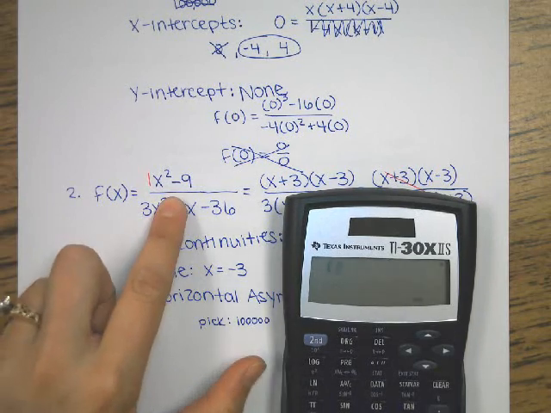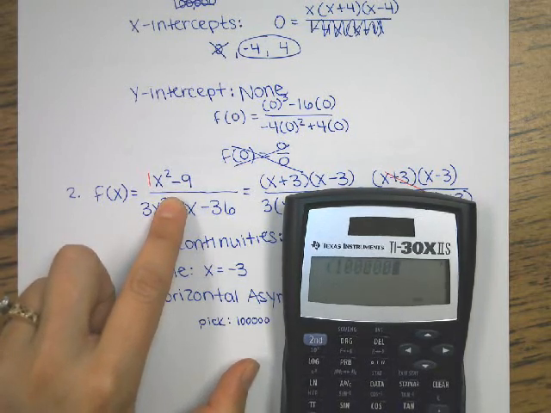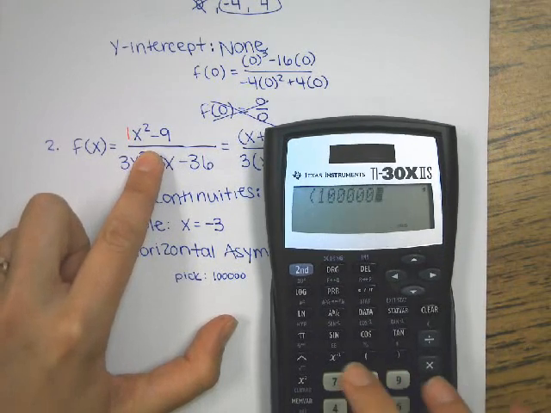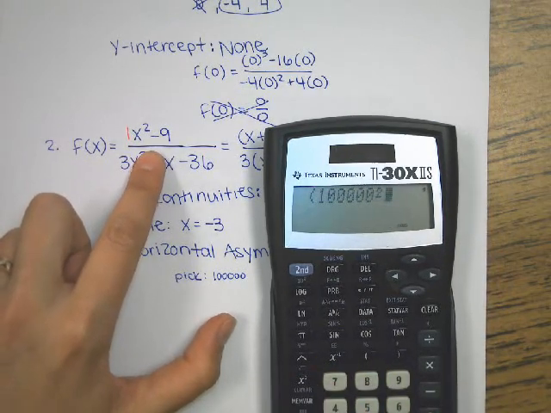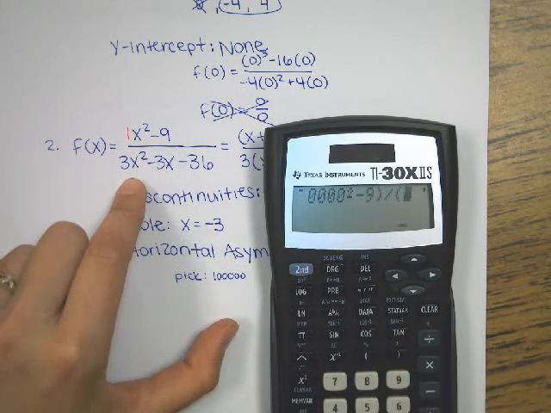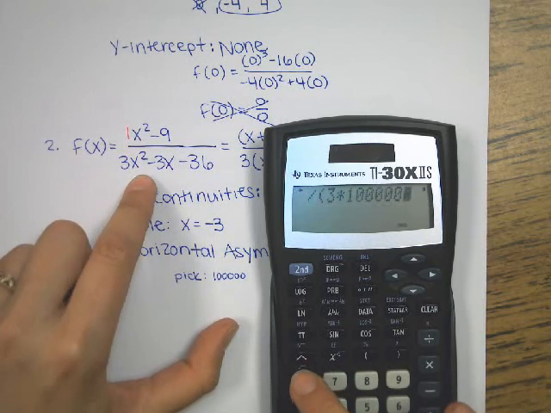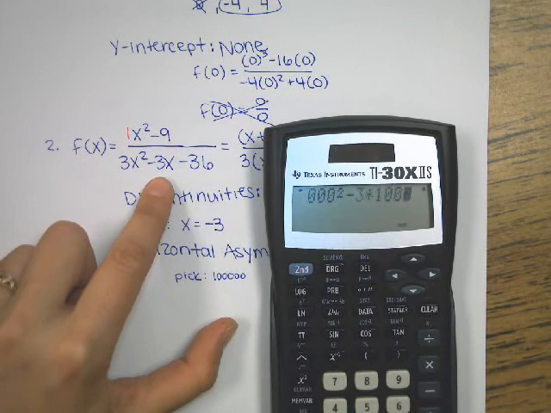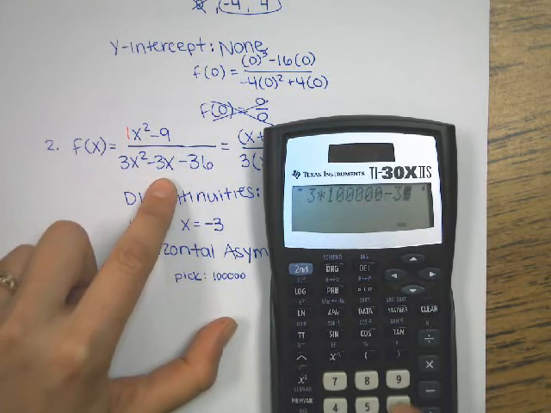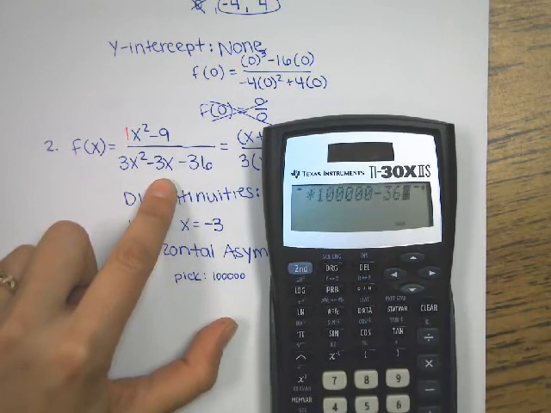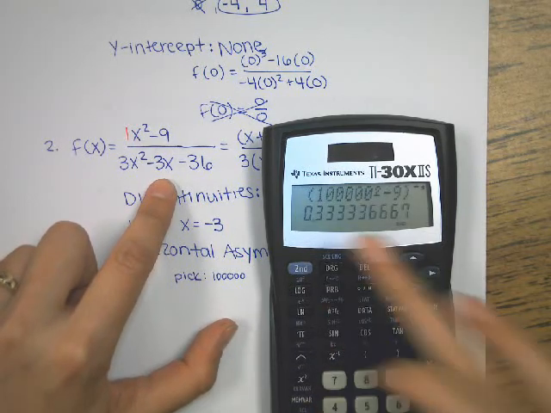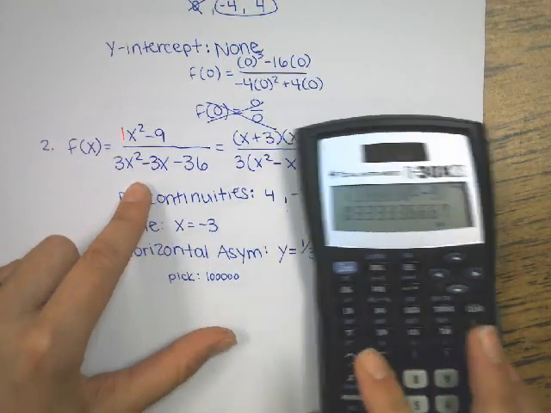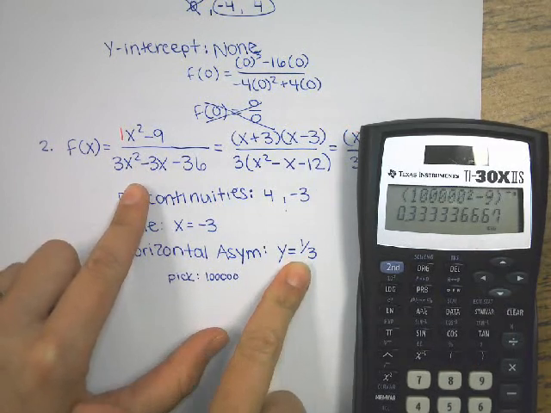So on top, I've got 100,000 squared minus 9 divided by 3 times 100,000 squared minus 3 times 100,000 minus 36. And I get 0.333333. That is awfully close to this guy.